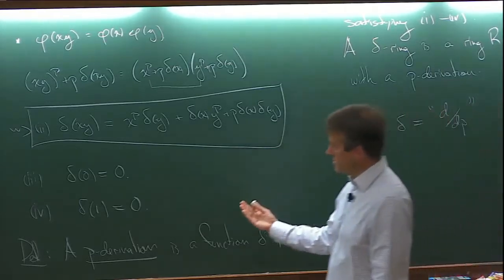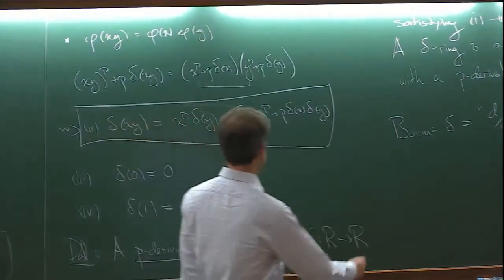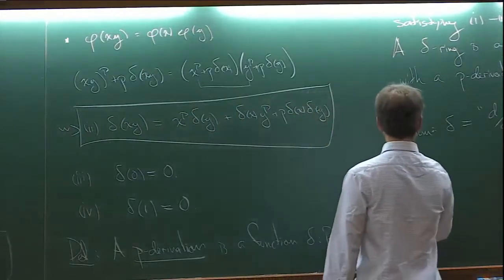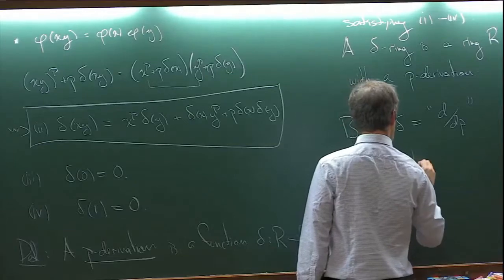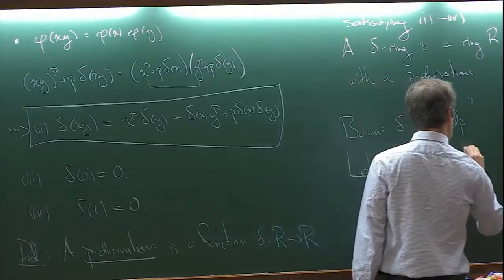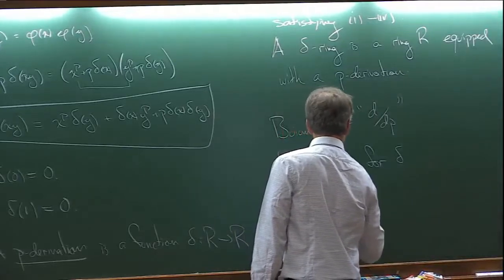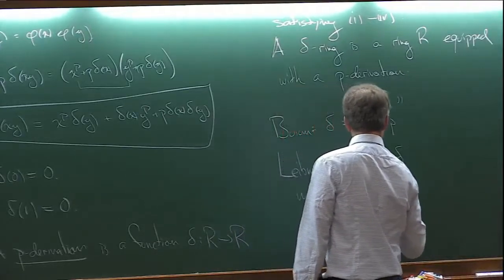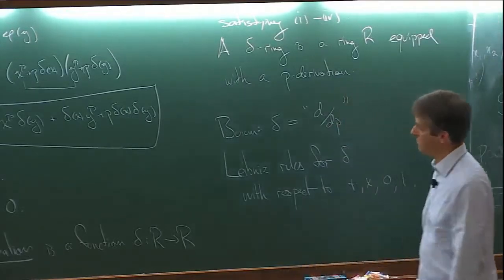Okay, one more comment. It's really more a matter of language. What I'd like to do is think of these 4 axioms as Leibniz rules for the operator delta with respect to addition, multiplication, additive identity, and multiplicative identity.